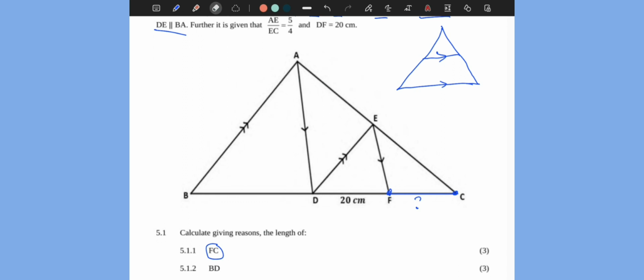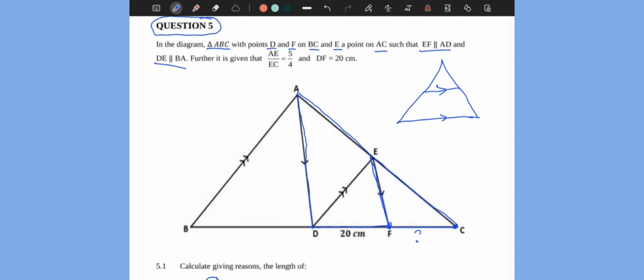Okay, so let's see. I'm going to continue highlighting since I figured out that the triangle that is forming the prop theorem is this one, and it has the line FC, the one that I'm actually looking for, right? And I have to find the length FC here, right?